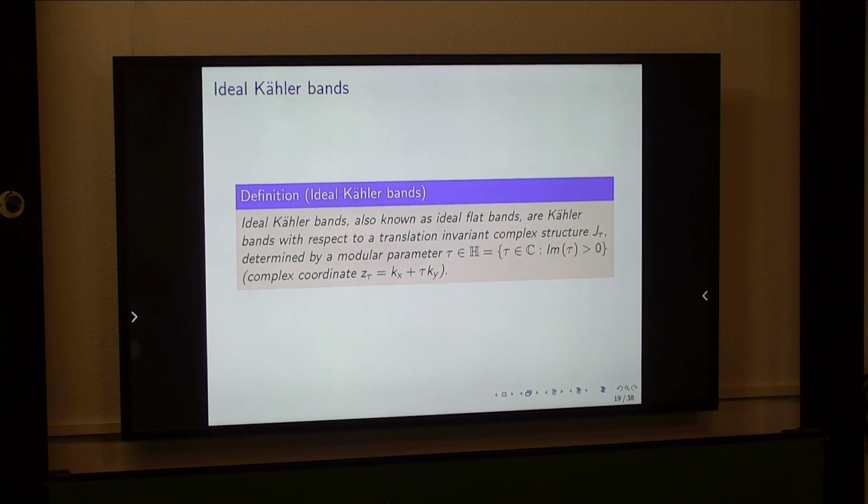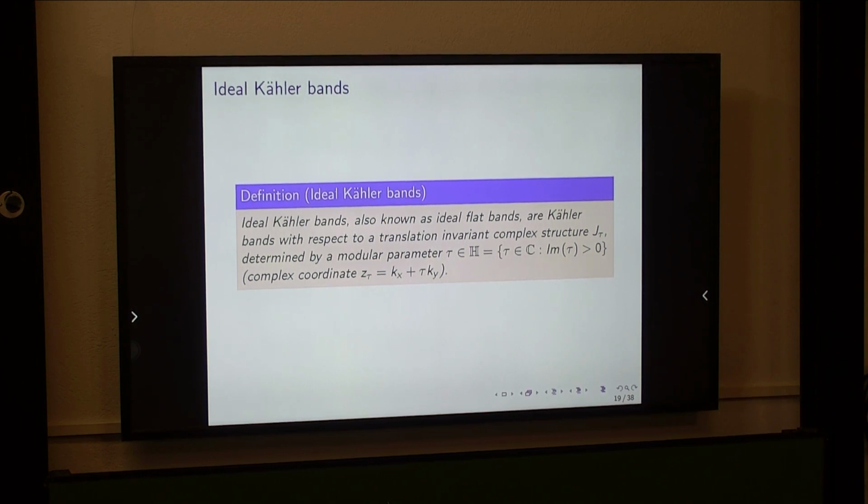The lowest Landau level, because of magnetic translation, is even better than that. It's a flat Kähler band. So you will have that Berry curvature is translation invariant, quantum metric is translation invariant, and the complex structure is induced from the complex structure that you have in real space that comes from the mass tensor on your problem. So in this isotropic case, it's just tau equals i.